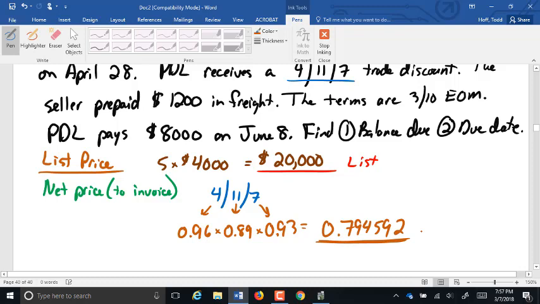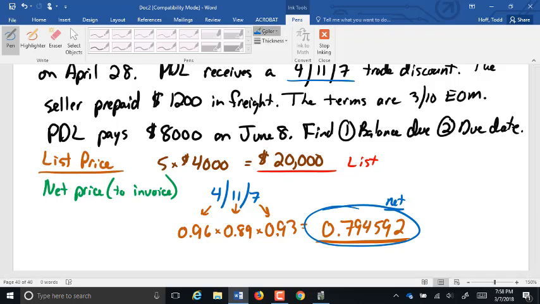Now, if we're looking for the amount that goes to the invoice, is that the number we want, or do we want 1 minus that? 1 minus that would give us the discount. This is the net price amount. So this does give us the net price. So that is the number we want.